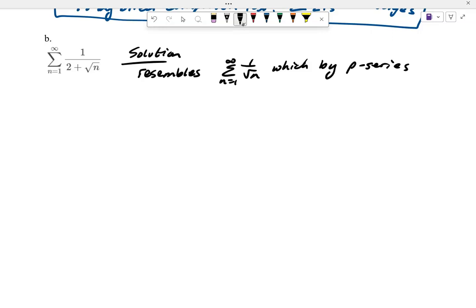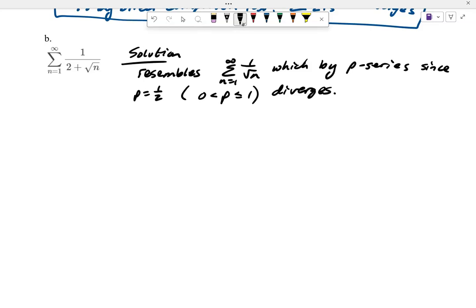So 1/n to the p. Our p is 1/2, which is less than or equal to 1 and greater than 0, so it diverges by p-series.